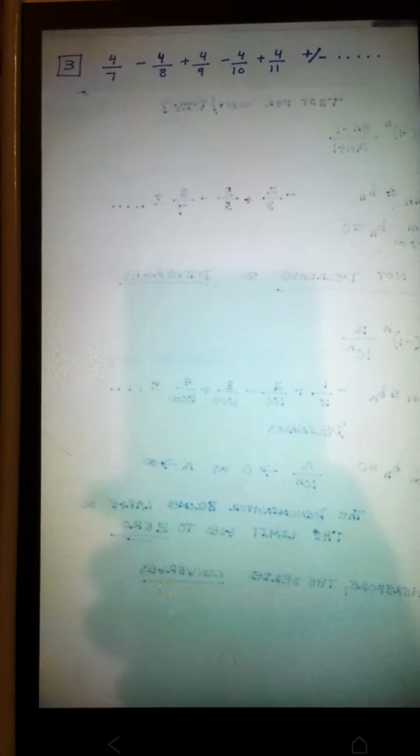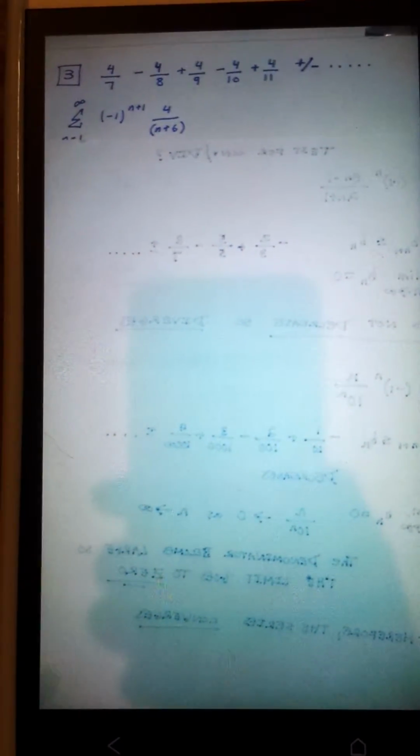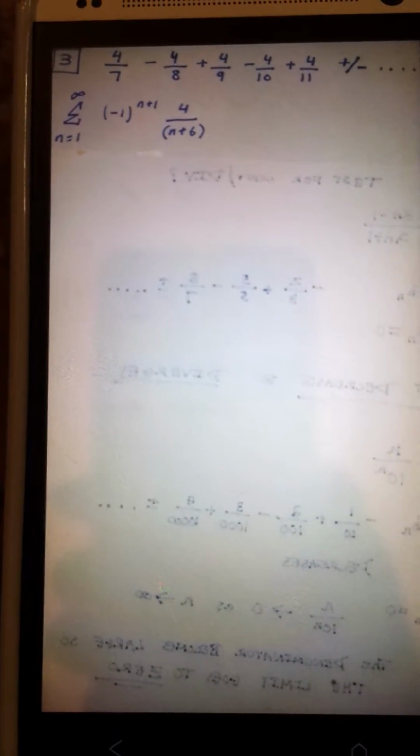And for question 3, you have to test the series for convergence or divergence giving this series. 4 over 7 minus 4 over 8 plus 4 over 9 minus 4 over 10 plus 4 over 11 minus etc. And so if you compress this formula, you get the sum of n equals 1 to infinity of negative 1 to n plus 1 times 4 over n plus 6.